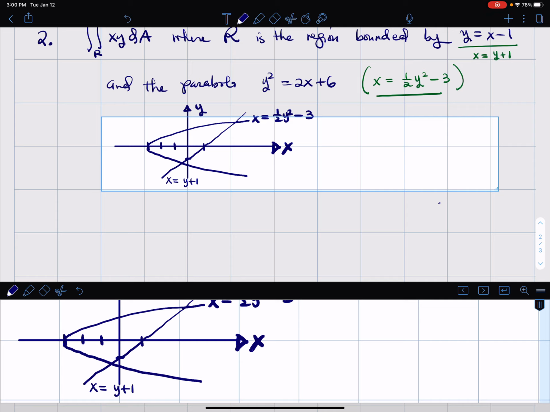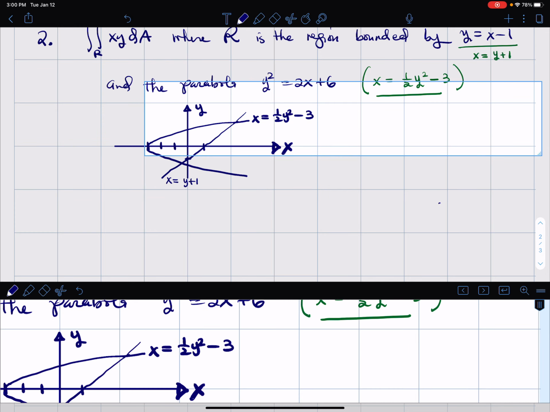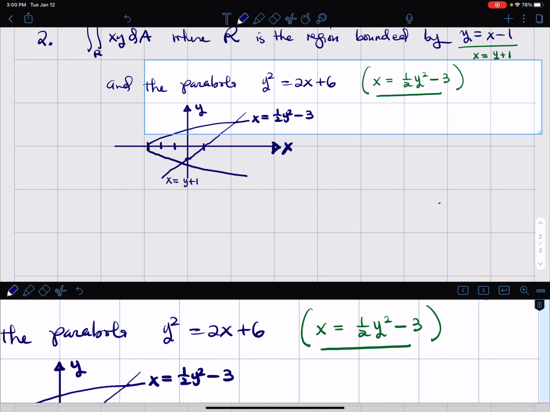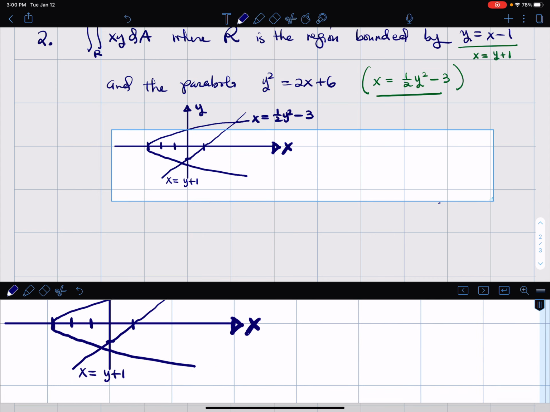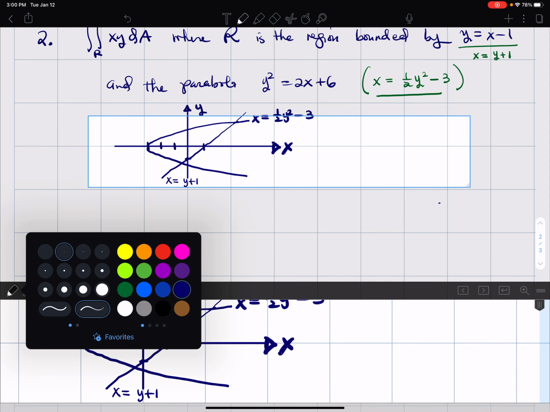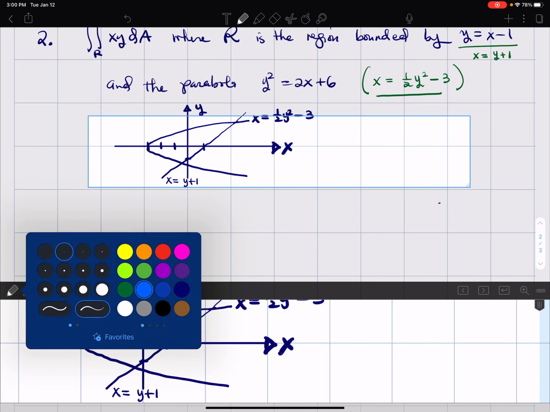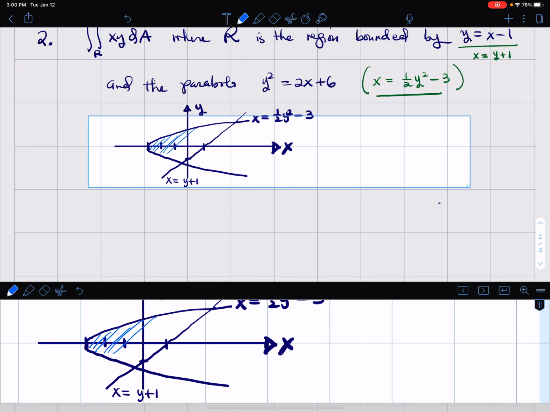The whole point of switching everything to make x a function of y is because of the region we're given, because of how the parabola is structured. So this is our region. Let's make it very light blue. This is the region we're dealing with.